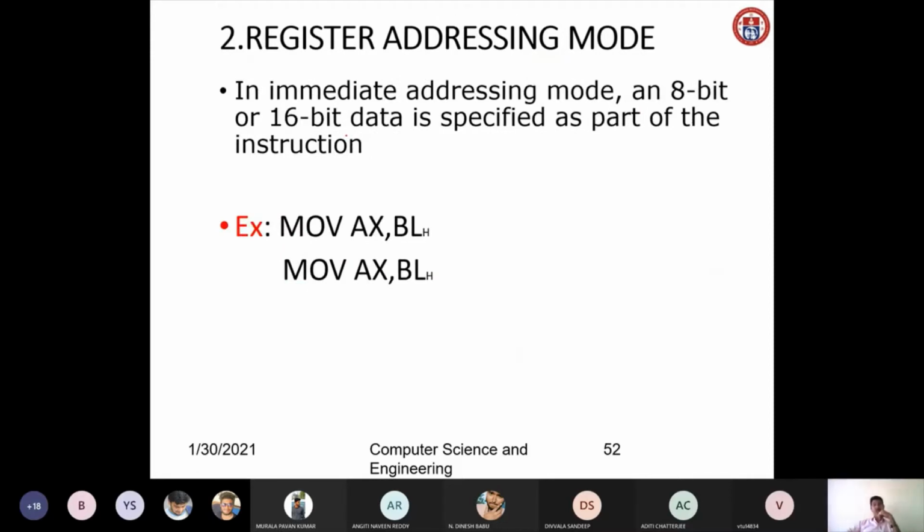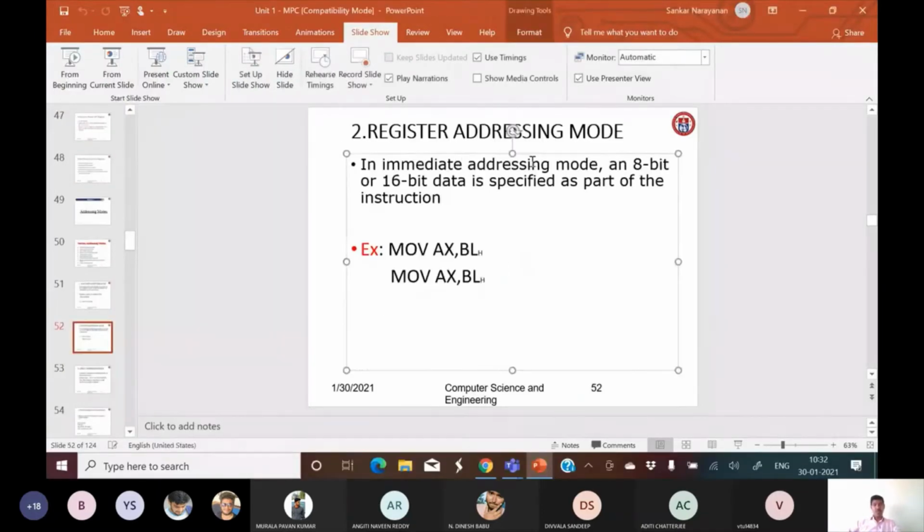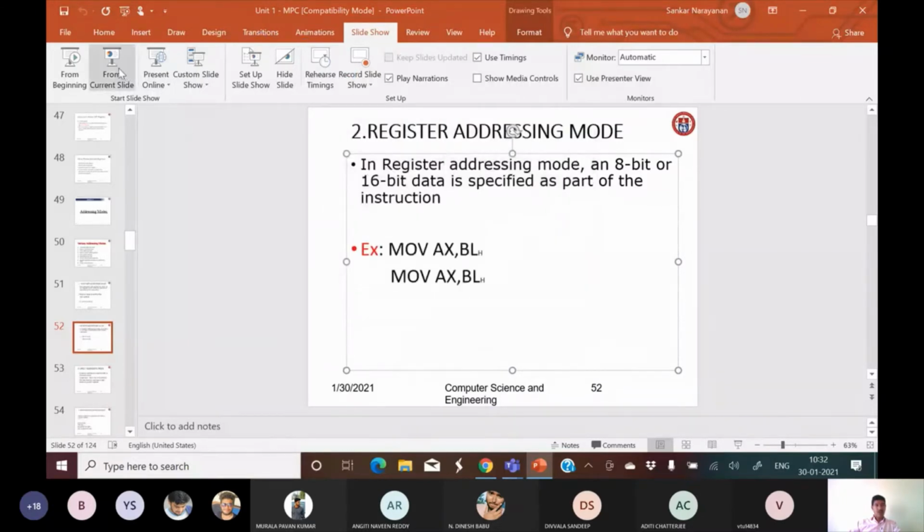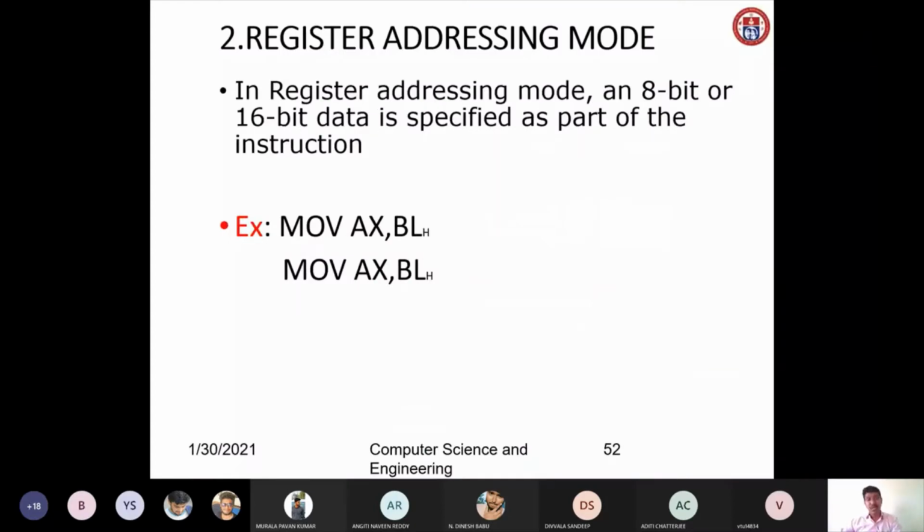The next one, register addressing mode. What is meant by register addressing mode is that any one of the operands will be a register.